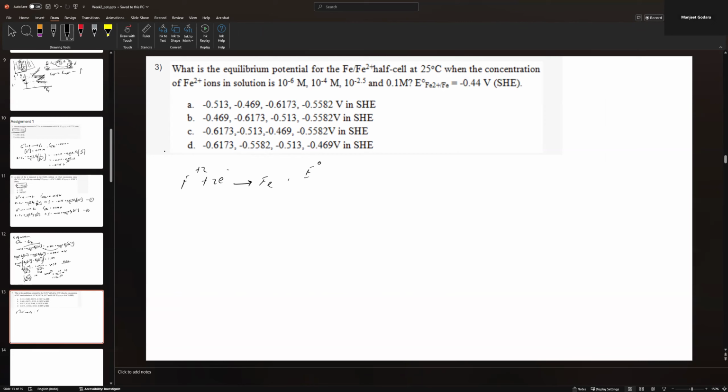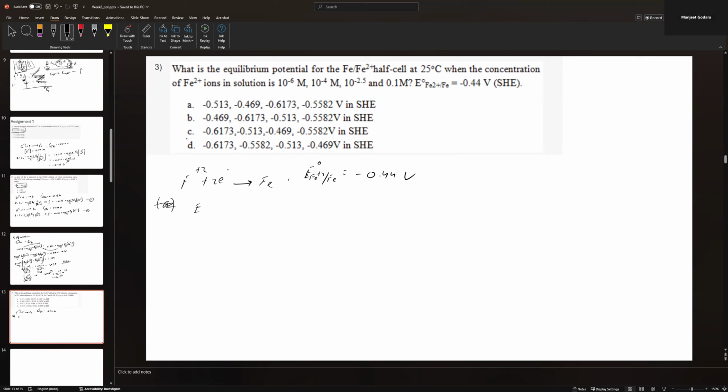This standard potential is given as -0.441. Let's write the equation first.